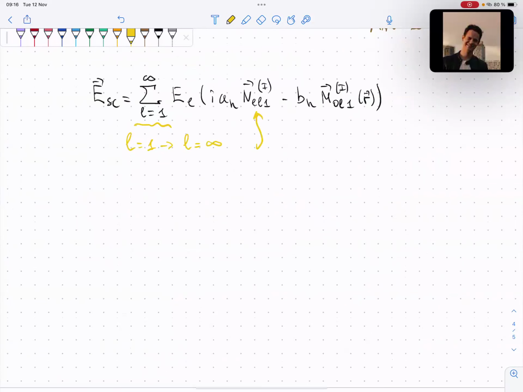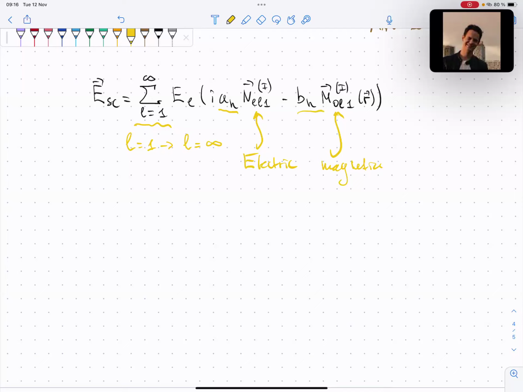We have electric harmonics and magnetic harmonics. Oh, I made a mistake actually. This A is the electric Mie coefficient, this B is the magnetic Mie coefficient.